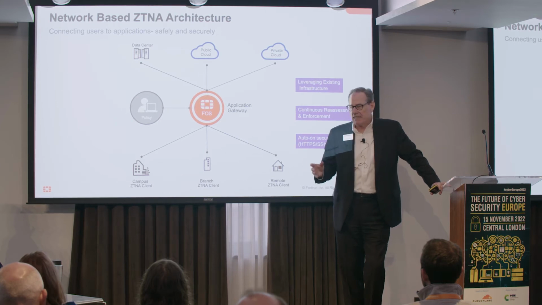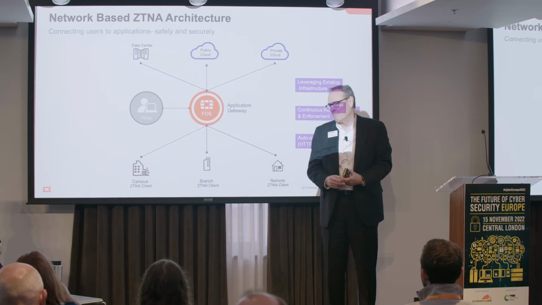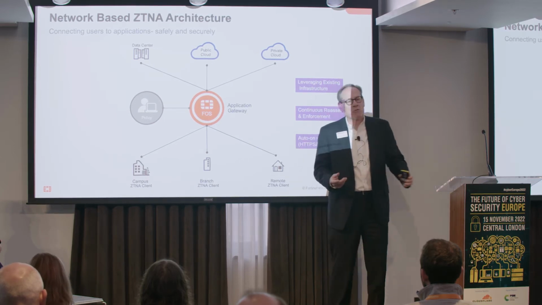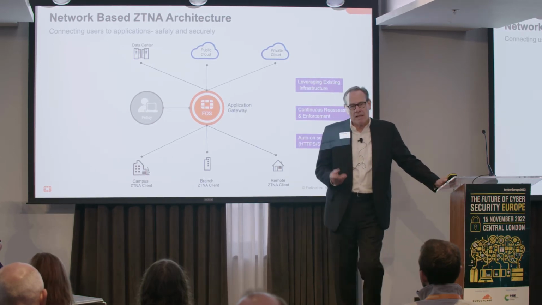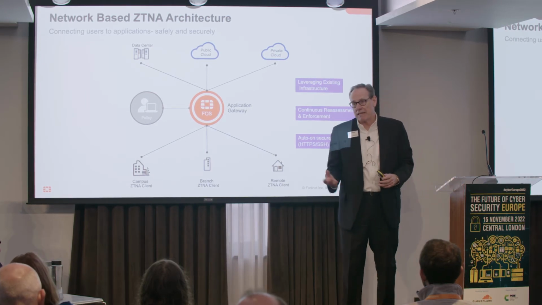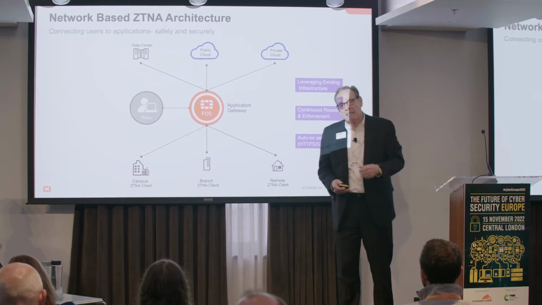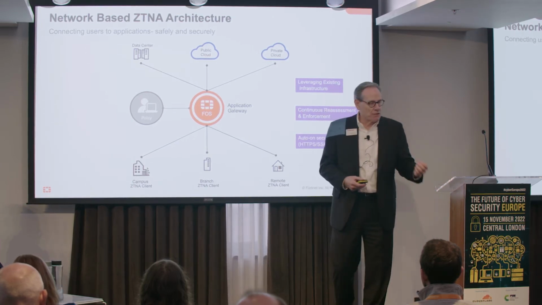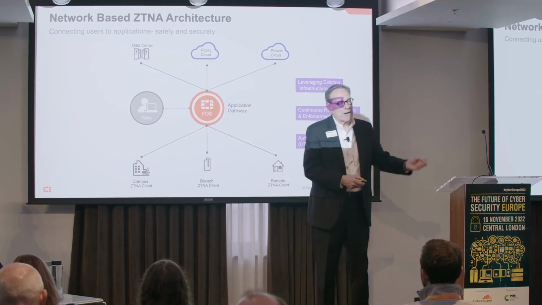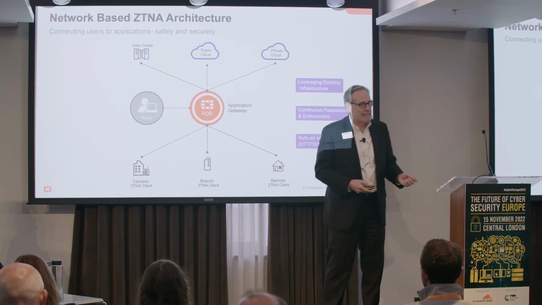The client sitting at the desktop, which can be a standalone client or a functionality incorporated into something you already have. That client's responsible for setting up the secure connections to the applications. You have an application gateway that's controlling access to those different applications, whether they be in a private or a public cloud. And then finally, you have a policy engine.